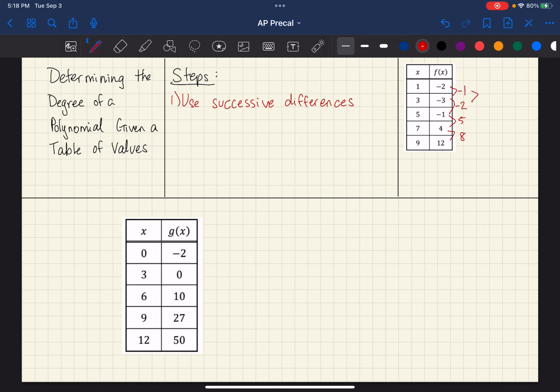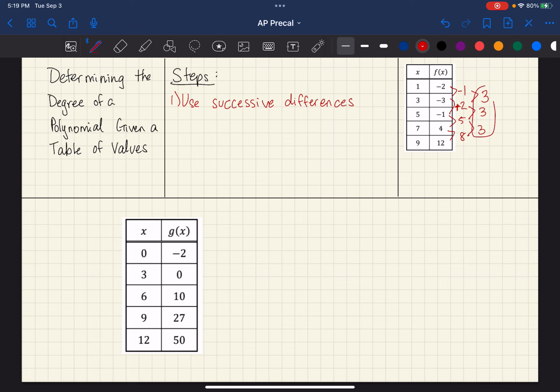So the difference between -1 to +2, I'm sorry about that, +2, is going to be 3. From 2 to 5 is 3. And then from 5 to 8 is also 3.